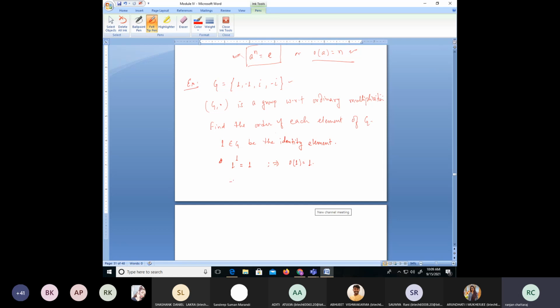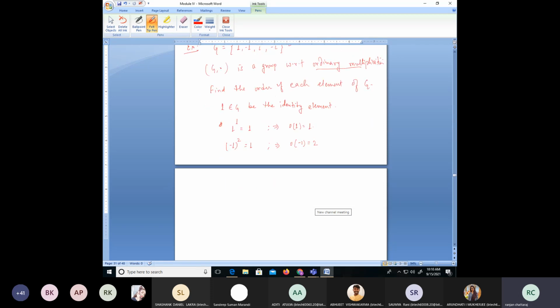Next, come to minus 1. What should be the value of n here so that it will give you 1, with respect to ordinary multiplication? We know that minus 1 to the power 2 is equal to 1. So the order of minus 1 is 2. Similarly, what are the orders of I and minus I?